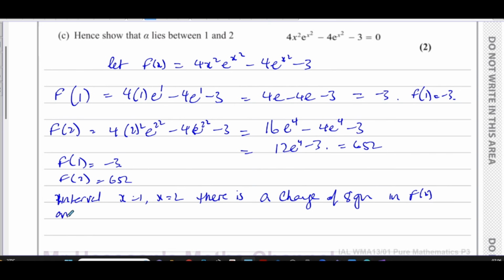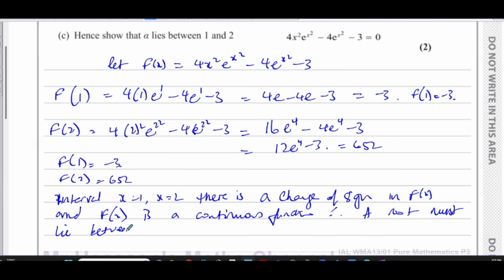And we should also state that f of x is a continuous function. It doesn't have any breaks in it. It's a continuous function, therefore a root must lie between x equals 1 and x equals 2.